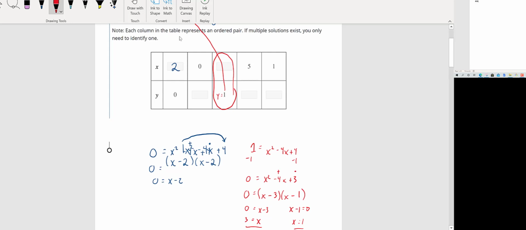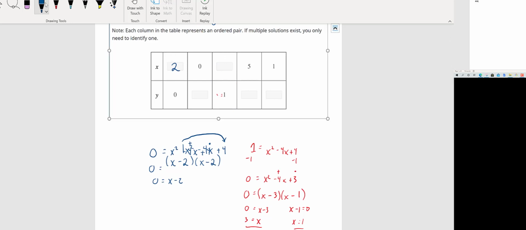This note says each column of the table represents an ordered pair. If multiple solutions exist, you only need to identify one. So when y is 1, I'm just going to say x is 3. But I could have also said x is 1.